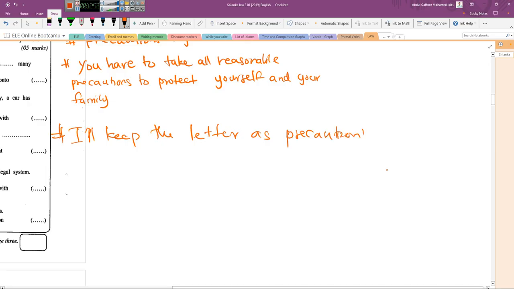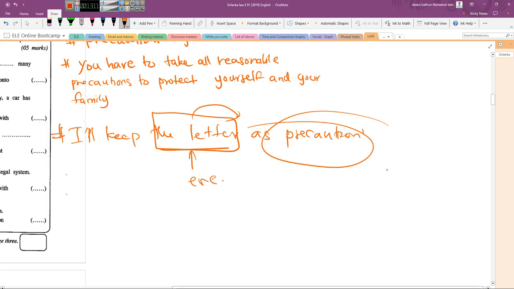Now it means the letter will protect him in future dangers, right? For example, in case of any termination or any kind of incidents, he may use this letter as evidence and protect himself, right? So this is why he says, I'll keep the letter as a precaution, right?